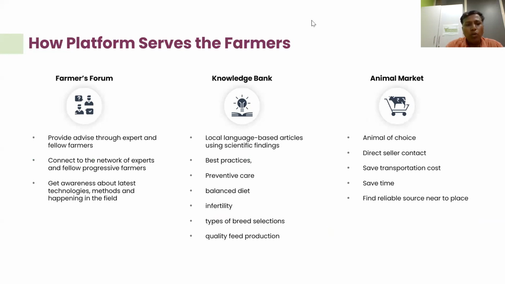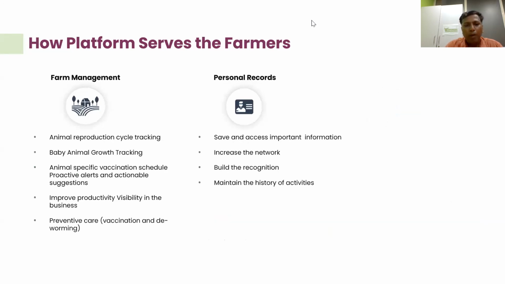So I won't go much into details, but the platform serves farmers with a farmer forum, knowledge bank, animal market, farm management, and personal records to take care of each function of the farmer very well.